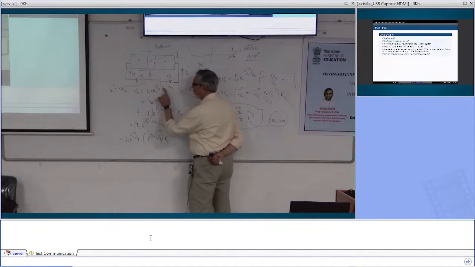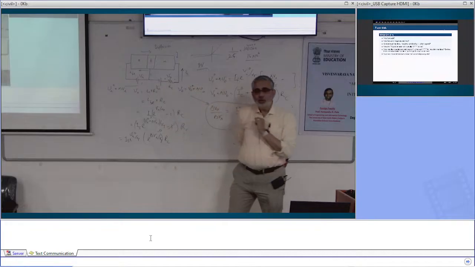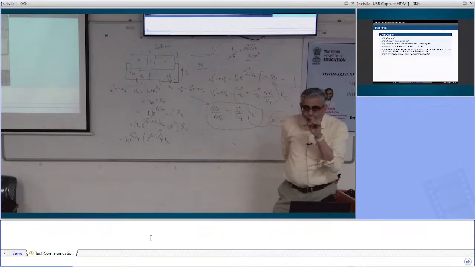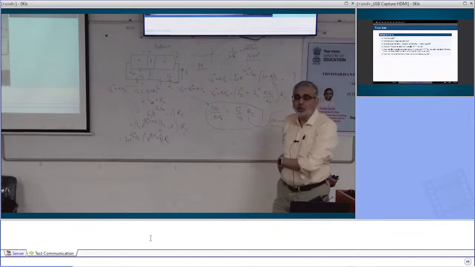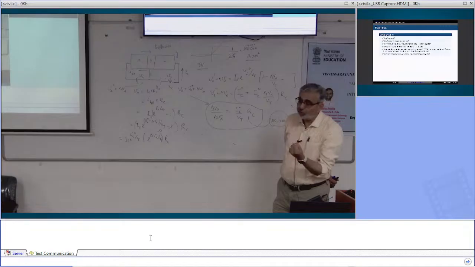But the entire power comes from this source here. So you've got a battery connected. The power does not come from the input, it comes from a battery. That is the most important point about transistor operation: the output power comes from the battery, not from the input.